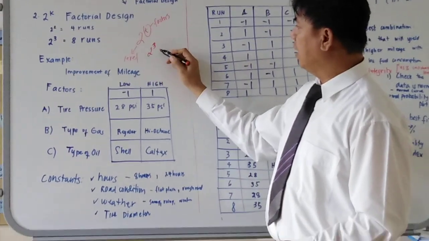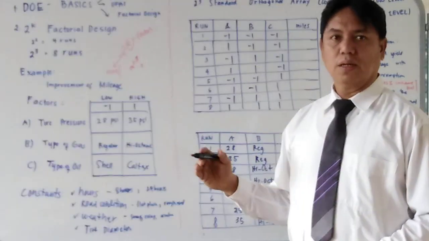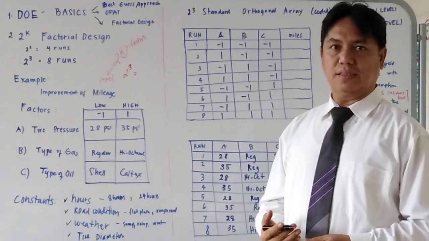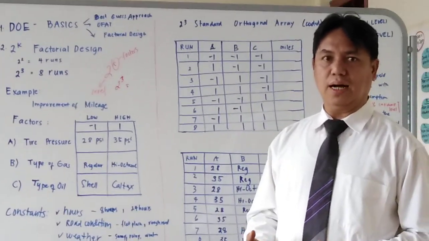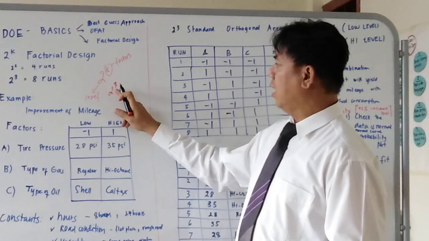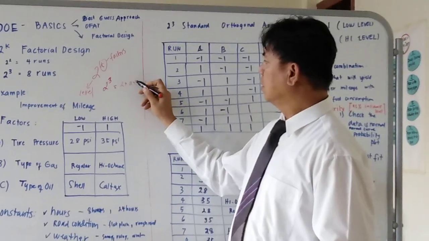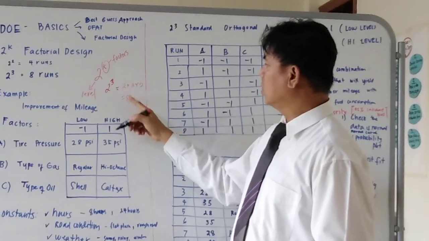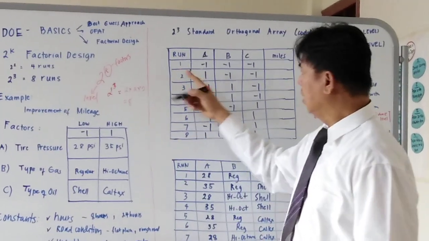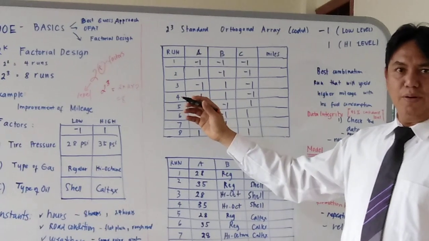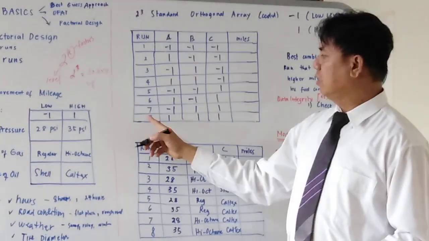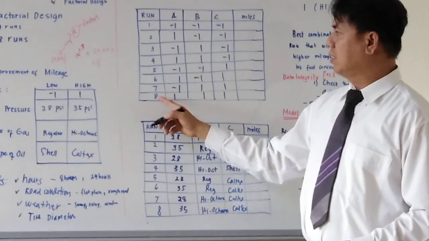If I have 2 to the 3 notation, the question is how many runs are we going to conduct? It is exponential: 2 times 2 times 2 equals 8. So 8 runs. That's why in this table I have 8 runs: 1, 2, 3, 4, 5, 6, 7, 8.